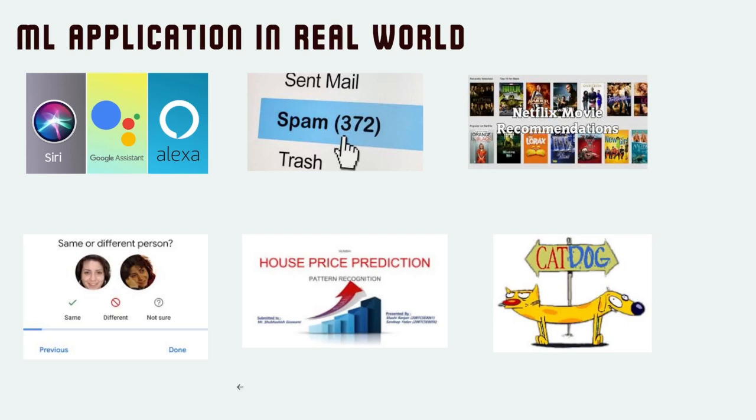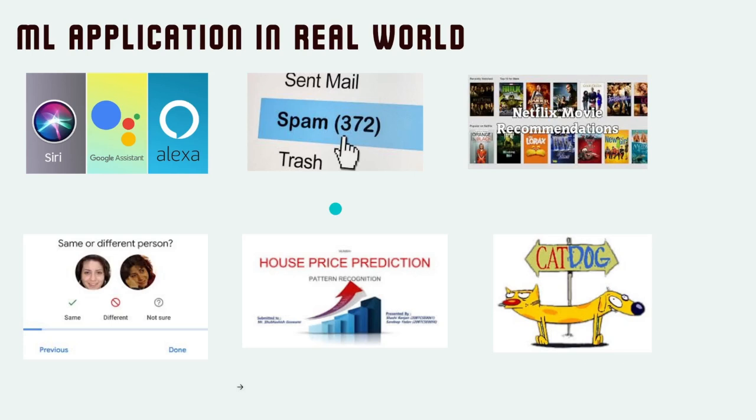Then you can also see house price prediction. It is almost similar to the story I was telling you, where we had some input and by that we predicted some price. In house price prediction, you might have house size and room number as your x value or input, and for output you will get the price.